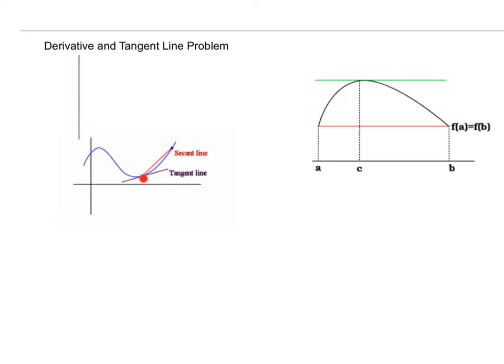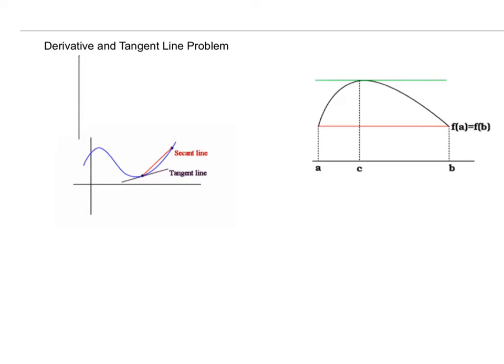A secant line, of course, is going to intersect the curve in two places, and to find the slope of a secant line is pretty easy. Rise over run, change in y over change in x. But the slope of the tangent line is the limit, remember, as these two points get closer and closer together until they reach the point of tangency.